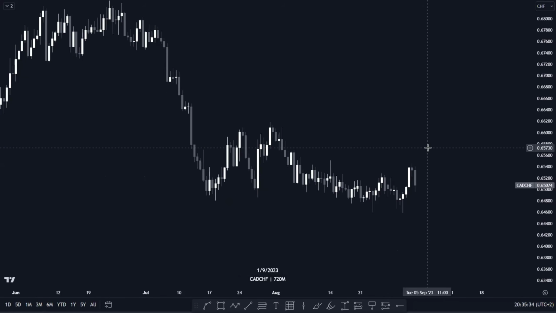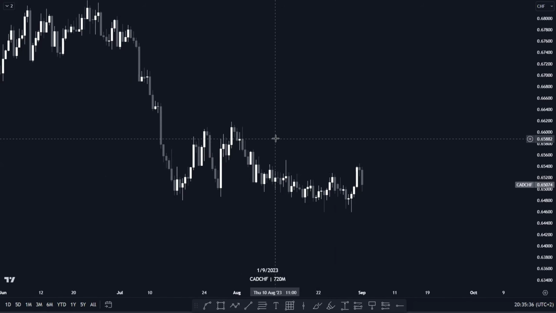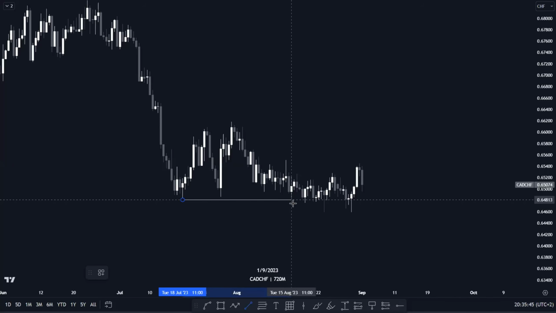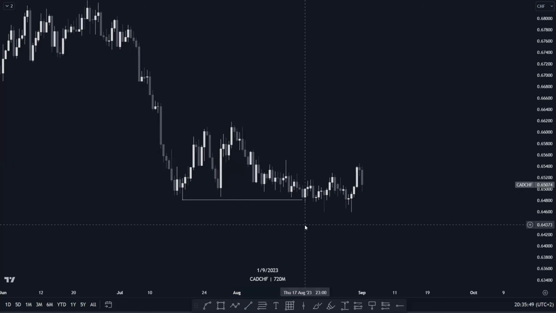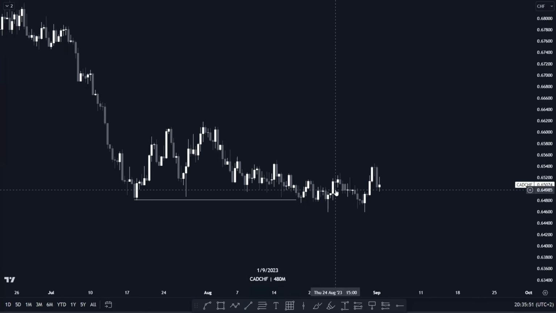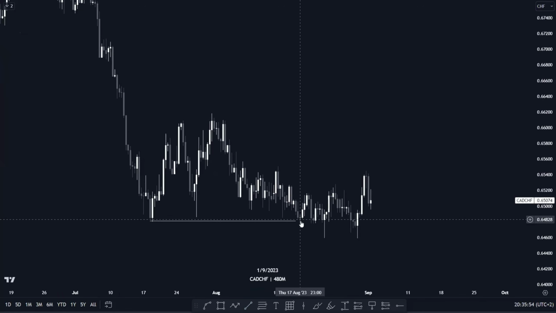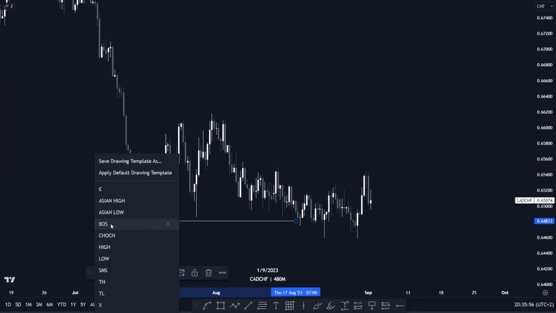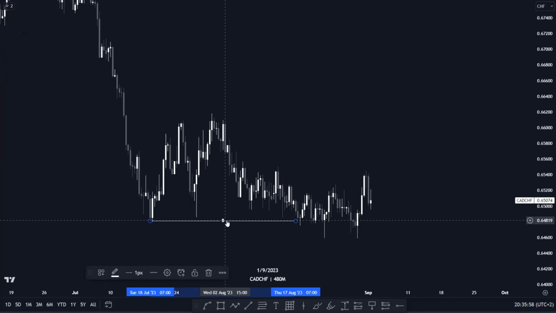From our 12-hour chart, we can clearly see that we are also in a bearish trend, whereby this low here was violated. Let me just go to our 8-hour chart. This low here was violated. So now this here is a valid break of structure.